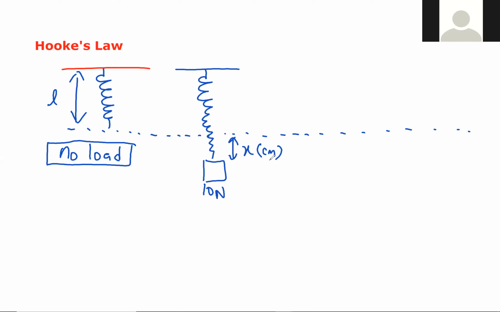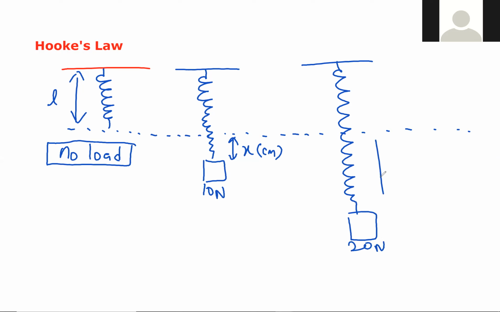Now, when you attach a load, it extends to a certain length. If you keep on increasing the load, of course, common sense, the extension will keep on increasing. With 20 N, you have a bigger extension here.